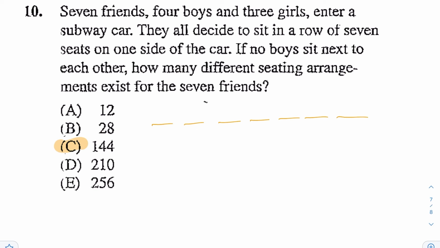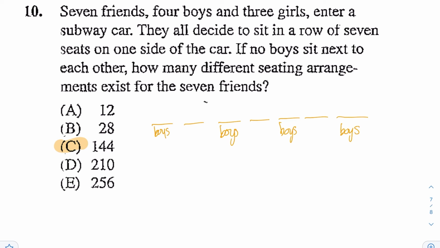So when you have 4 different boys, B1, B2, B3, and B4, those will be the 4 boys, and they have to sit away from each other. It'll be boy, girl, alternating.